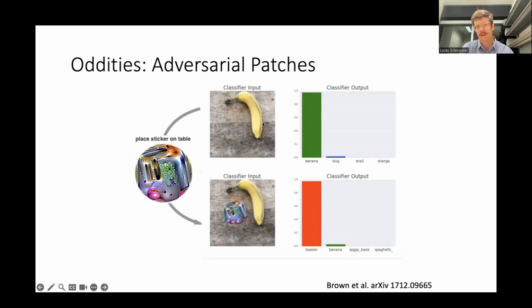However, if you take the same image and you add this sticker to it, which you just stick in the middle of the image, this then confuses the classifier. It no longer has very high confidence that it's a banana, but instead it thinks that it's a toaster, probably relying on specific parts of the sticker for that classification. Maybe it's kind of reflective or metallic.